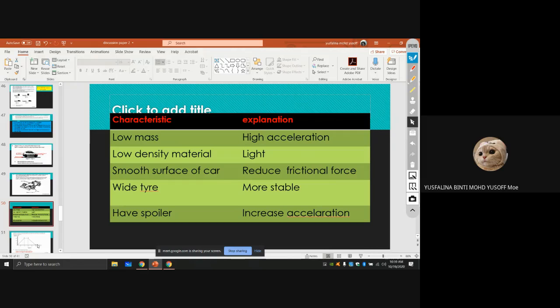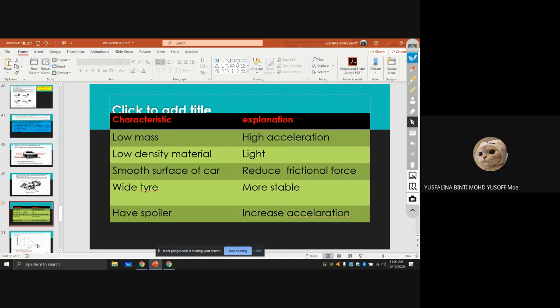So if you have any other characteristic that you think is correct, you can ask later. You can text me whether it can be accepted or not. So maybe the shape of the car, inverted aerofoil. Inverted aerofoil reduces air friction, and can also be put in the answer here. It can be accepted as the answer.